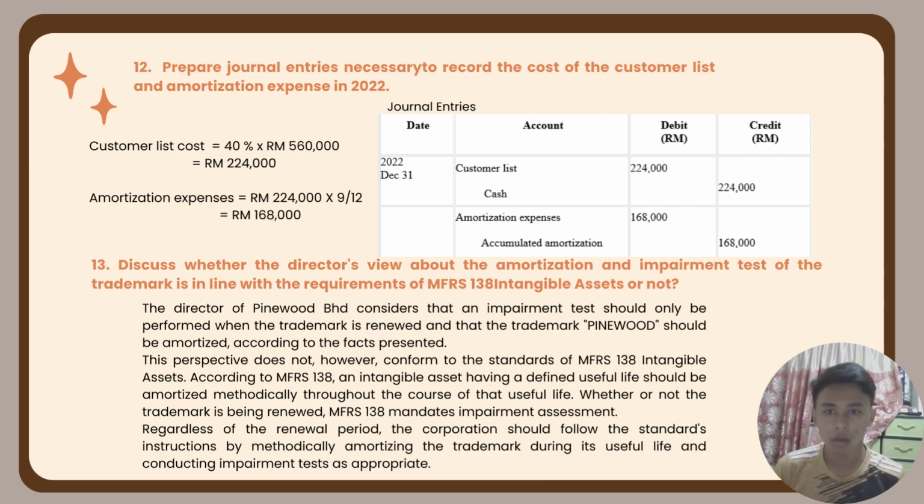According to MFRS 138, an intangible asset having a defined useful life should be amortized throughout the course of its useful life, whether or not the trademark is being renewed. MFRS 138 mandates impairment assessment regardless of the renewal period. The corporation should follow the standard by methodically amortizing the trademark during its useful life and conducting impairment tests as appropriate.